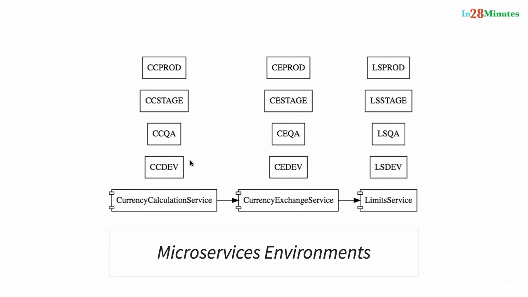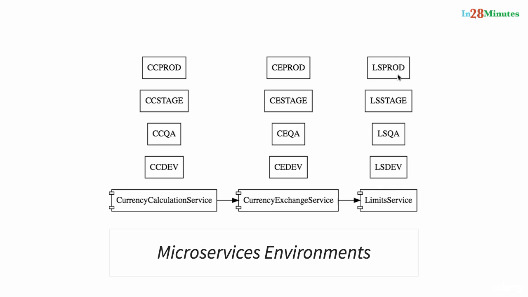So what we are talking about is the fact that there are multiple microservices, sometimes hundreds of them, and for each of these microservices there are multiple environments, and some of these environments might have multiple instances of the same microservice. So we are talking about managing configuration of a lot of different instances of different microservices.